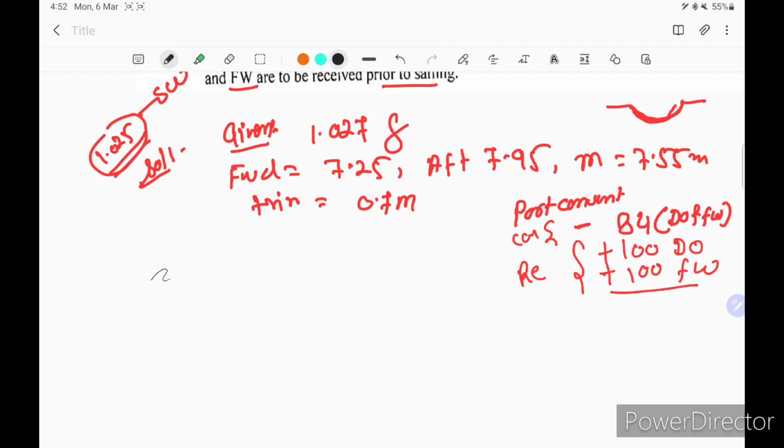So first we'll calculate the draft. If you solve this question, maybe some value, maybe 0.3, 0.5, 1 ton, 2 tons, is different from your answer, it doesn't matter. Important is that you solve the question step by step.